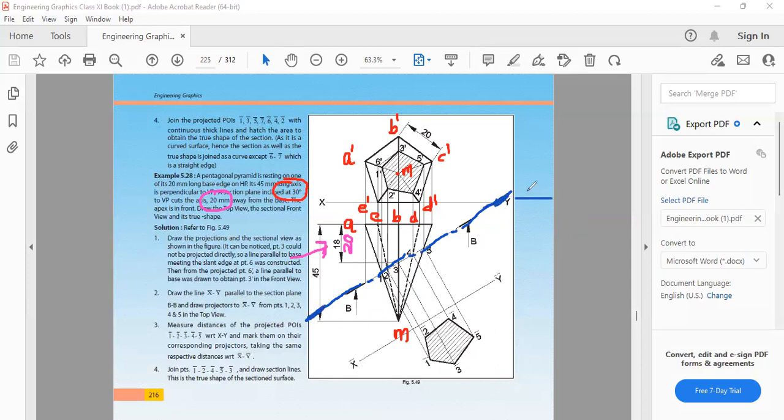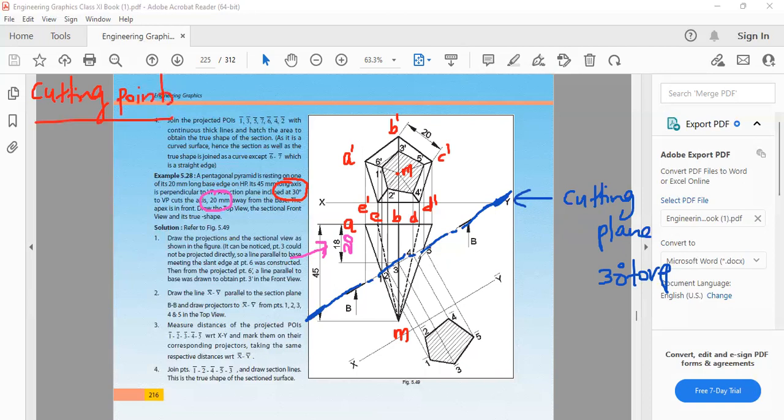This is my cutting plane, 30 degrees to VP. Then tell me how many cutting points. 5.